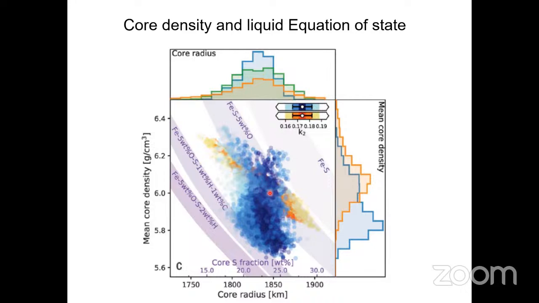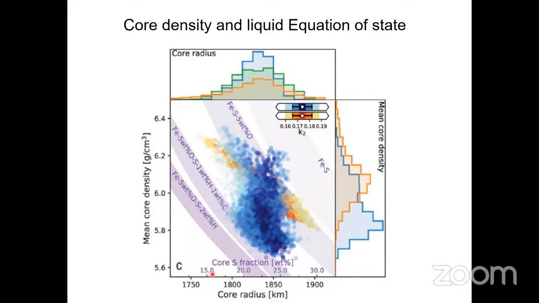But the point is the sulfur content. For example, to match the mean core density here, the required sulfur content is 22 something, 22, 23, which is much larger than the geochemically inferred value, between 15 and 19.